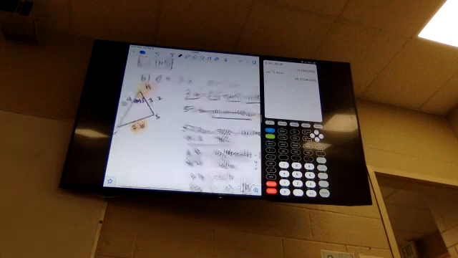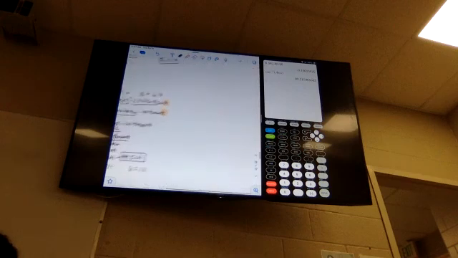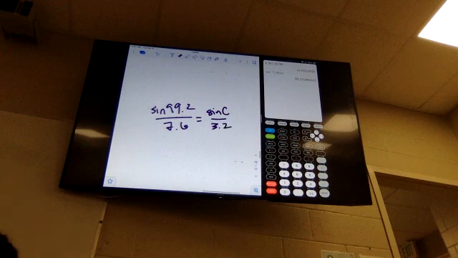Okay, again, you can find C or S, it doesn't matter. I think I'm going to find big C. I'm going to do sine of 99.2 over 7.6 equals sine of C over 3.2.